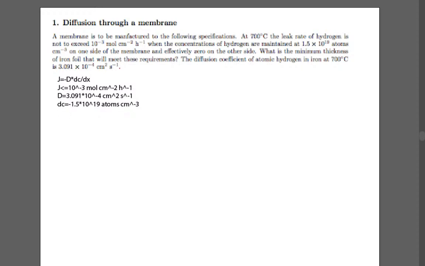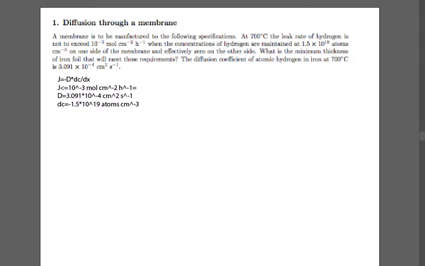So we can later find the change of X, and plug in all the numbers. Oh wait, before that, I need to change the units here. In this case it is 10 to the power of negative 3 moles per centimeter squared hour, and we will change the hour into seconds.